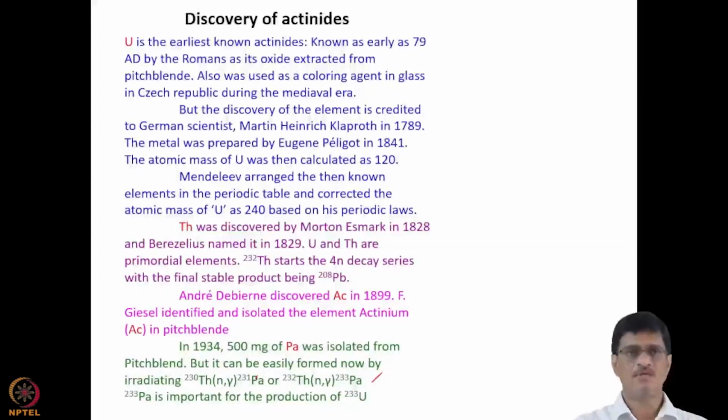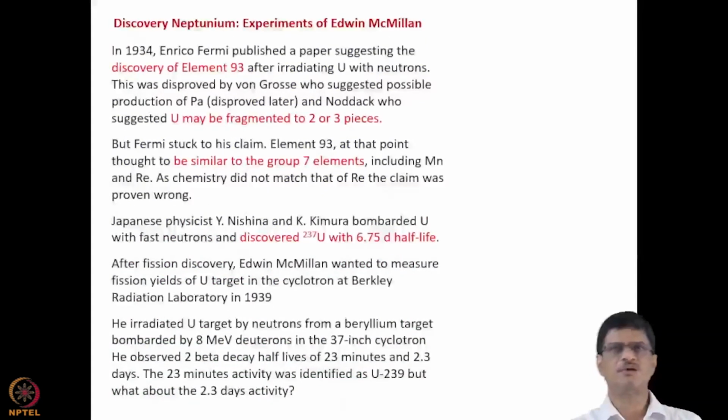Protactinium-233 is an important isotope as it decays to uranium-233, which is a fissile element used in the AHWR reactors.